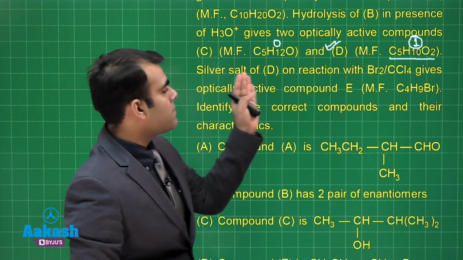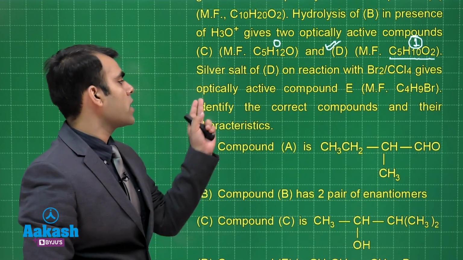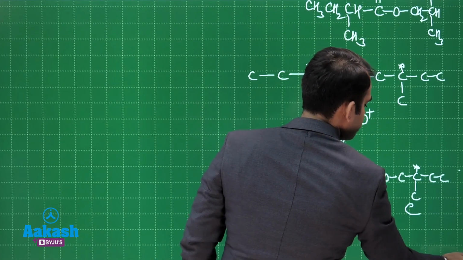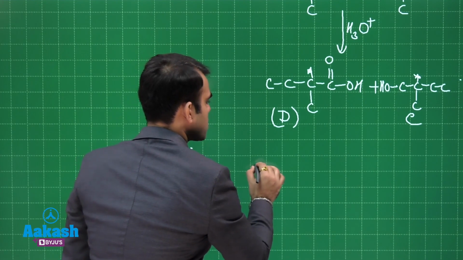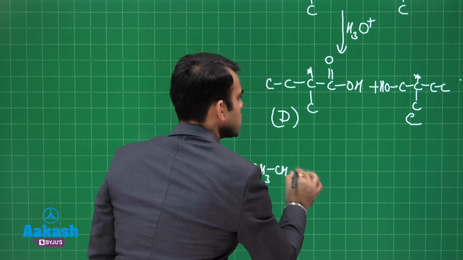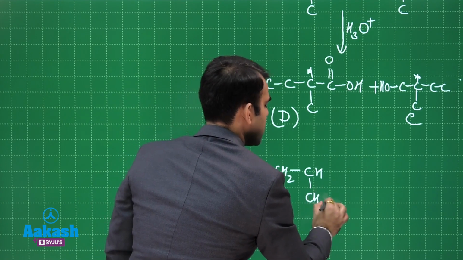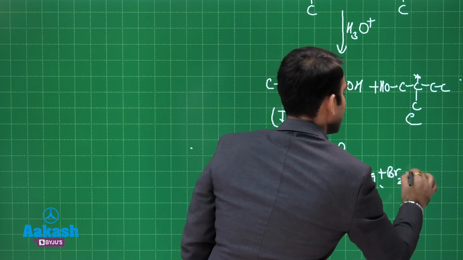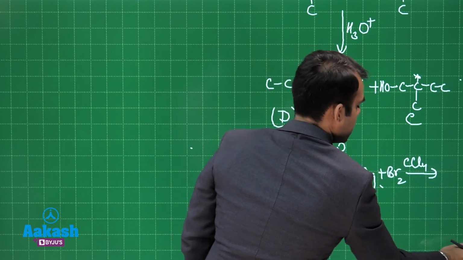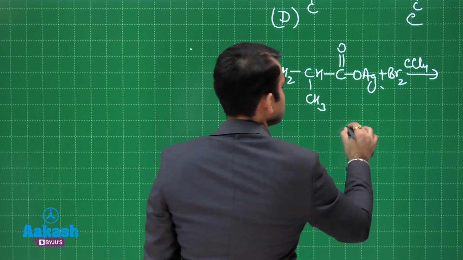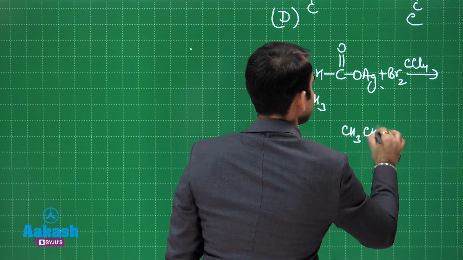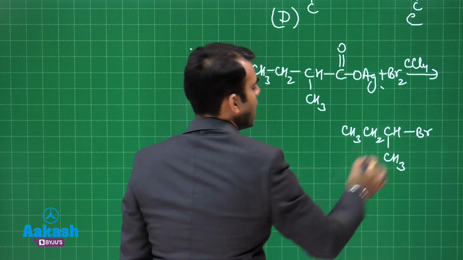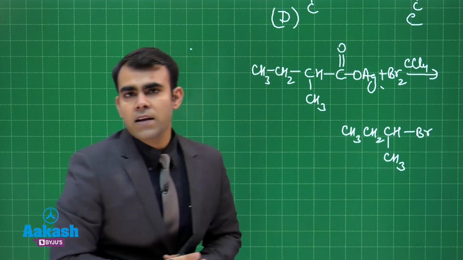And now silver salt of D on reaction with bromine in CCl4 gives optically active compound E. Now doing the final reaction, if I take the silver salt of CH3, CH2, CH, CH3, COOAg and react it with Br2 in presence of CCl4, then what we get is a compound with 1 carbon less, that is CH3, CH2, CH, CH3, Br, a 4 carbon containing alkyl halide.